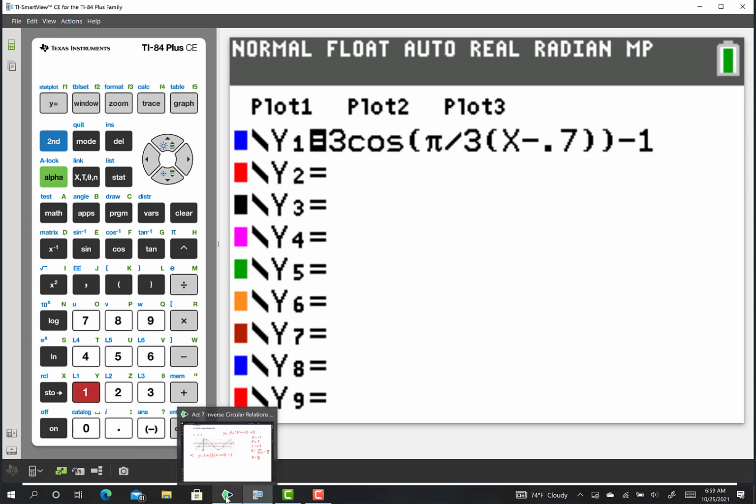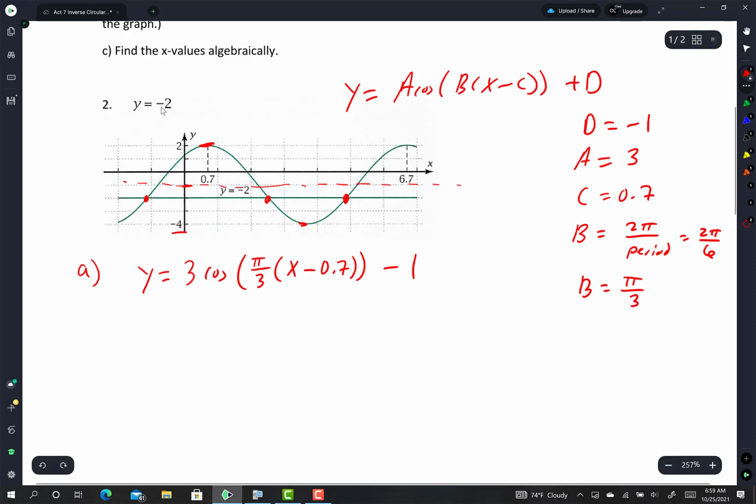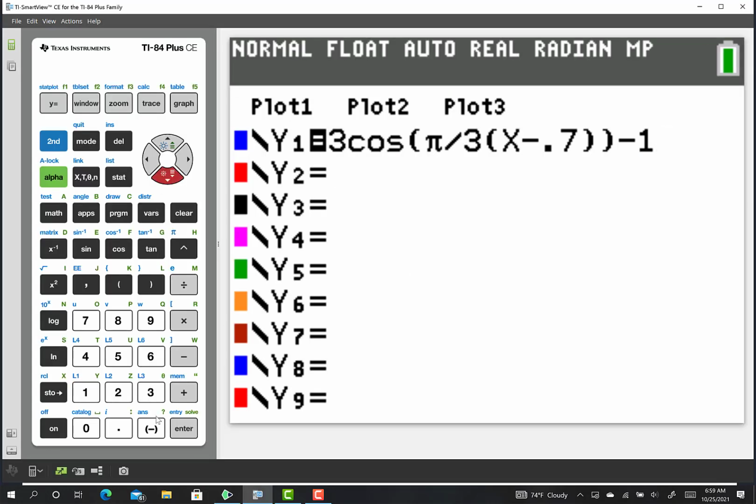And then I want it to be -2, so on Y2, I'm going to type in -2. The negative button is right next to the enter button.